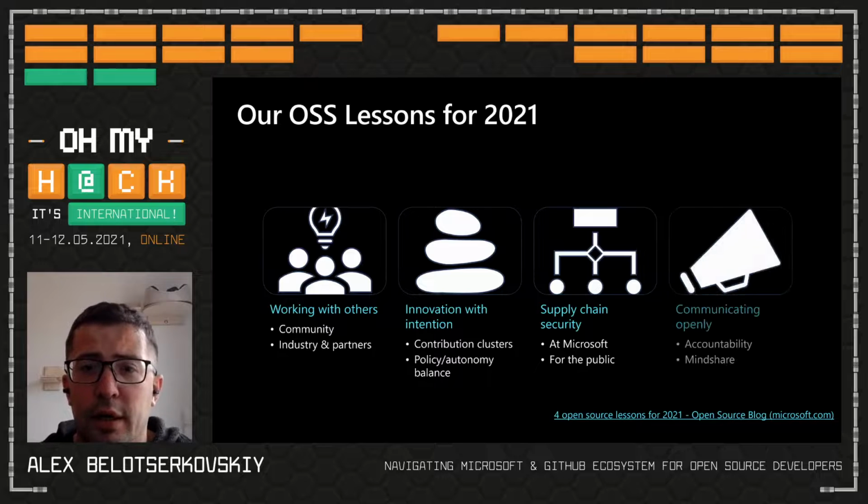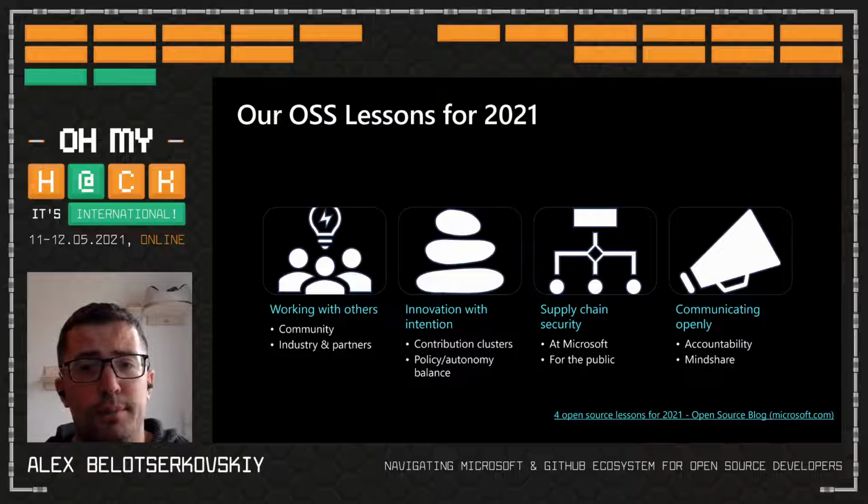So going back to the more general topic, if you want to understand what a company goes through with open source, about our experience, I encourage you to look for the 4 open source lessons for 2021 blog post, which was written by one of our open source programs office members, and which identifies our strategic areas for investment in 2021.